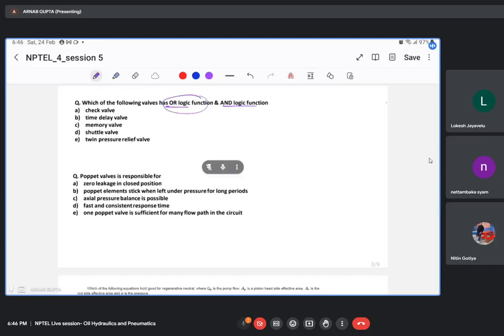I guess you know that if there are two inputs X and Y, there's a truth table for the OR operation.